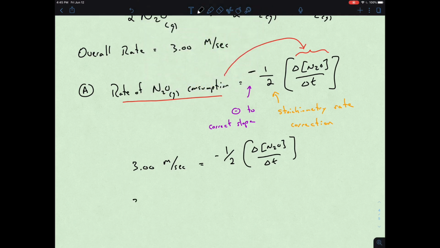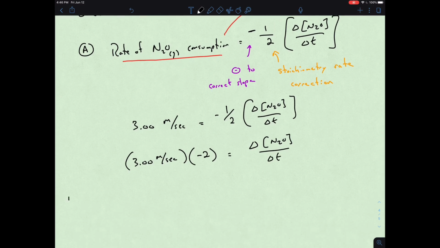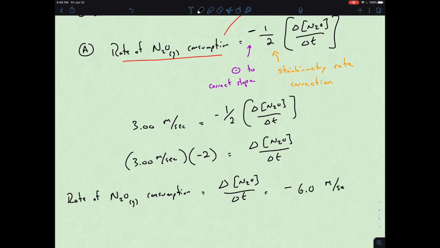So if we take our 3 molar per second, we are then multiplying that by -2 by bringing over the -1/2. We find that the rate of the N2O gas consumption, which is equal to our change in its concentration over our change in time, would be equal to a negative 6.0 molar per second.